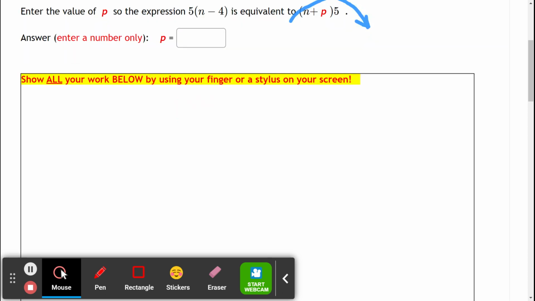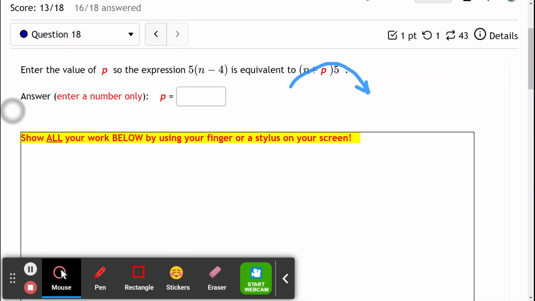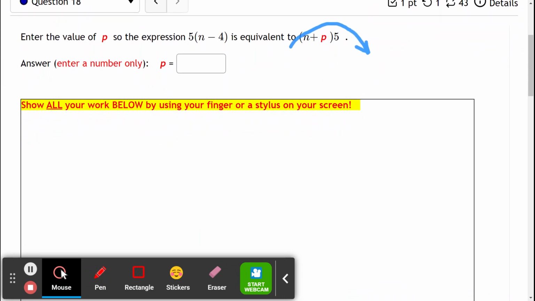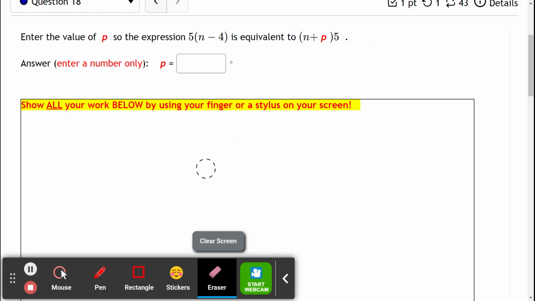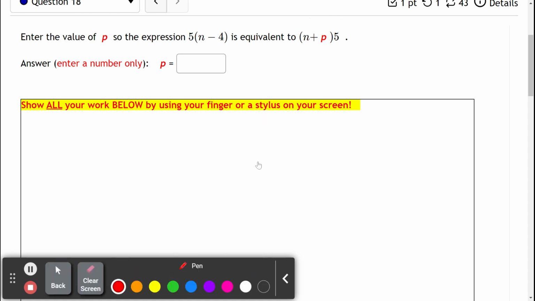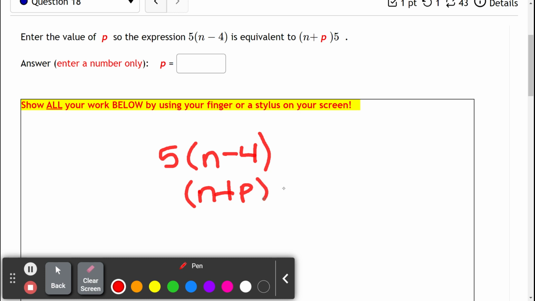And where are we at now? Okay, we're nearing the end of this, which is great. And we have, let's see. This one's so easy. So we have 5 times n minus 4, and this is the same as n plus p times 5.